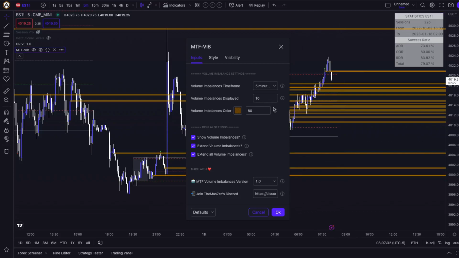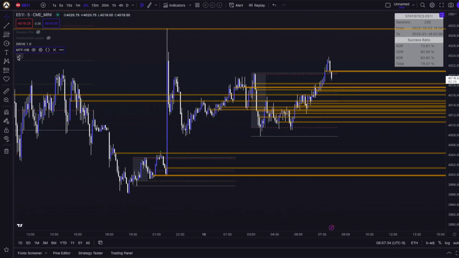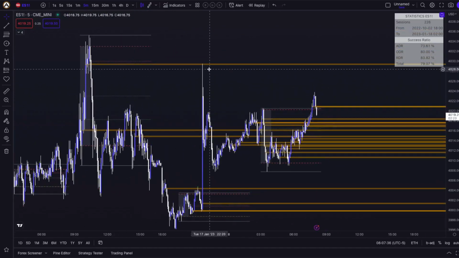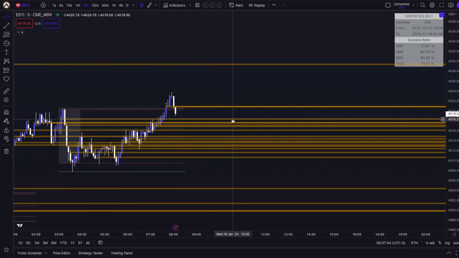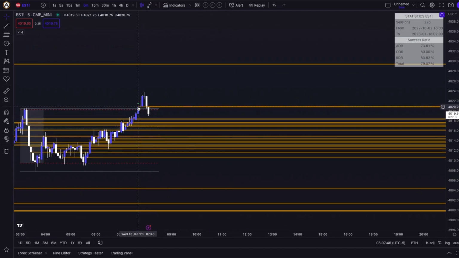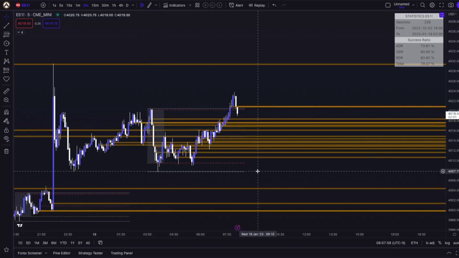And we are going to display the 10 most recent volume imbalances on a 5-minute time frame and see how well that worked out. We had our volume imbalance right here, and during the Asian session we just wicked inside of it. We left behind a volume imbalance right here at our confirmation candle from 7:40 over to 7:45, and we basically created a double volume imbalance if the candle is going to close like it is right now.